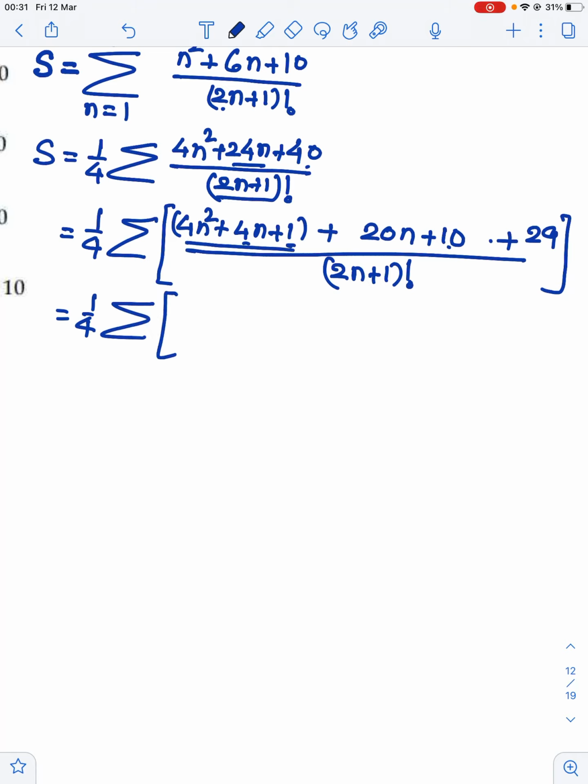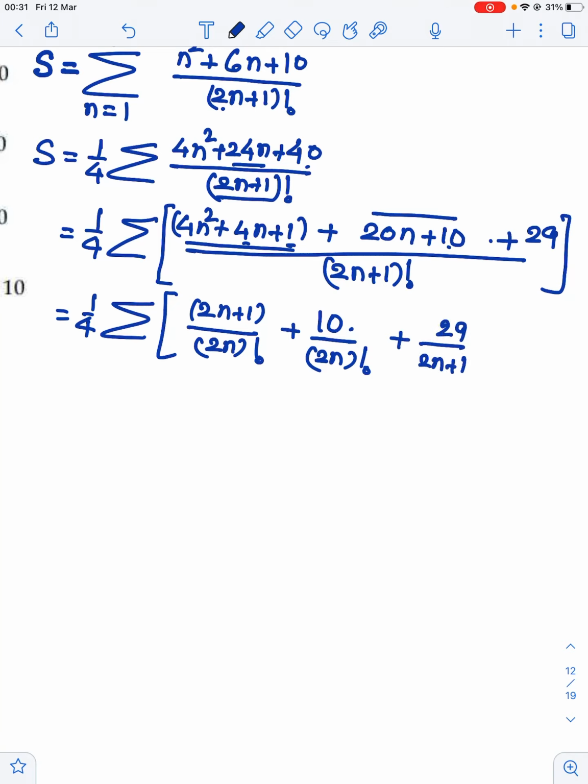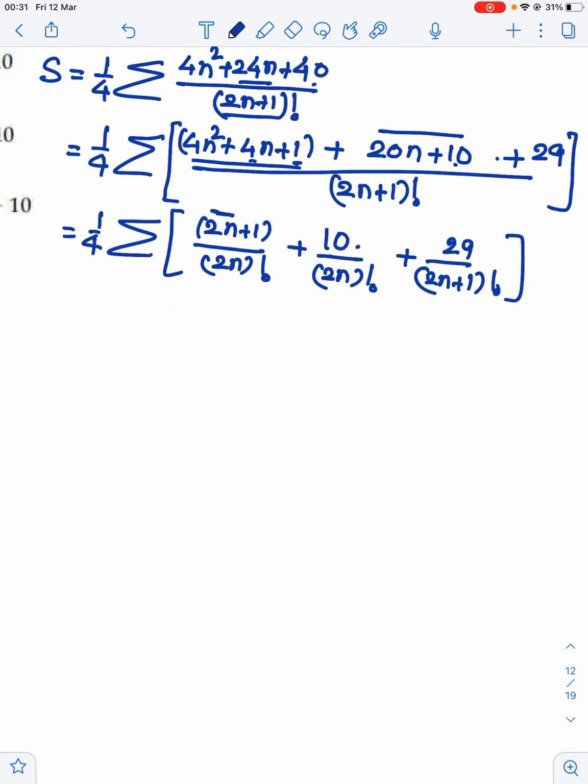So this is 2n plus 1 whole square divided by 2n plus 1 factorial, plus among these two, 10 is common, it is 2n plus 1. 2n plus 1 cancels with the denominator also, giving 2n factorial, plus 29 by 2n plus 1 factorial. Again we split 2n plus 1 into two separate terms.